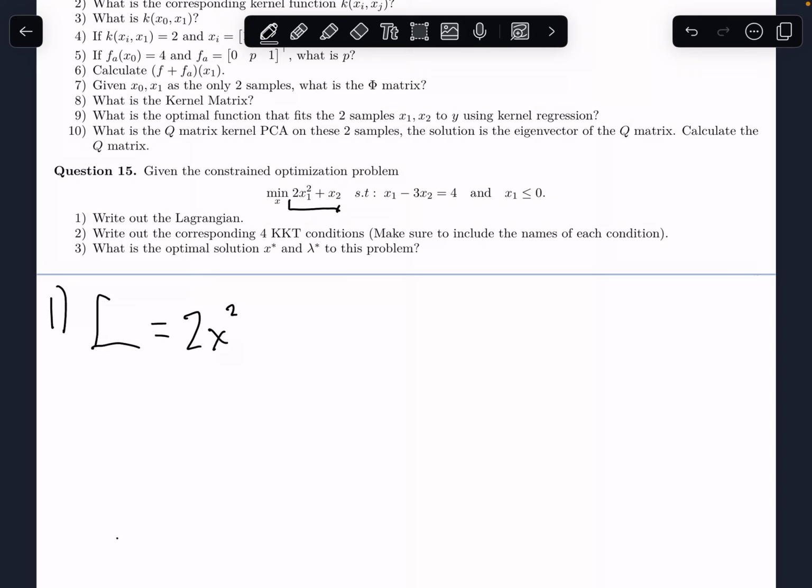2x squared, x1 squared plus x2. And then we take our such that clauses and we move them so that there's a 0 on one side. The precise way in which you do it doesn't actually matter because your constraint multiplier could be positive or negative.